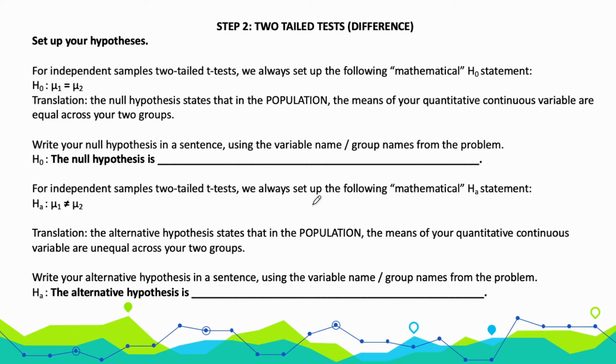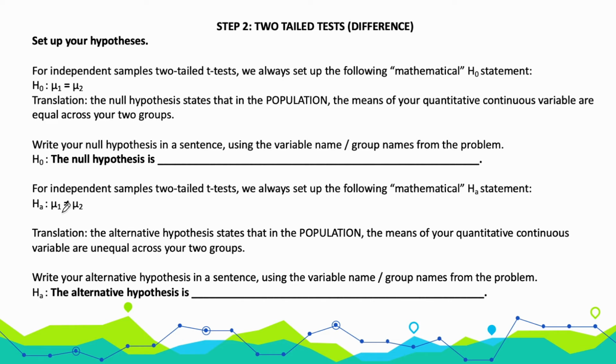Now remember, for independent samples, two-tailed t-tests, we always set up the following mathematical alternative hypothesis statement. The alternative hypothesis is that the mean of group 1 at the population level does not equal the mean of group 2 at the population level. Mu1 could be greater than mu2, mu1 could be less than mu2.